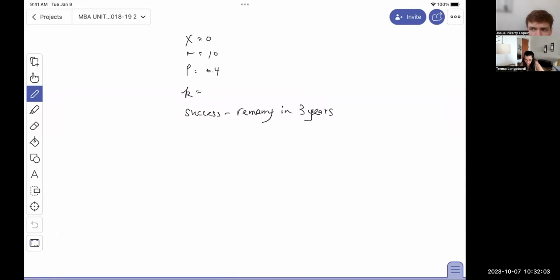So the possibilities are 0, 1, 2, 3, 4, 5, 6, 7, 8, 9, and 10. And what are we in particular interested in? The probability that between 2 and 5 inclusive will remarry. So you just have to translate the question: 2, 3, 4, and 5 inclusive.